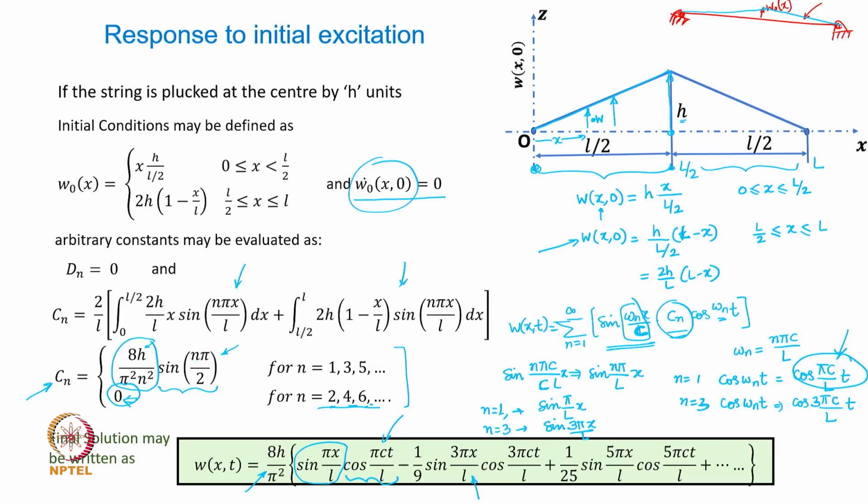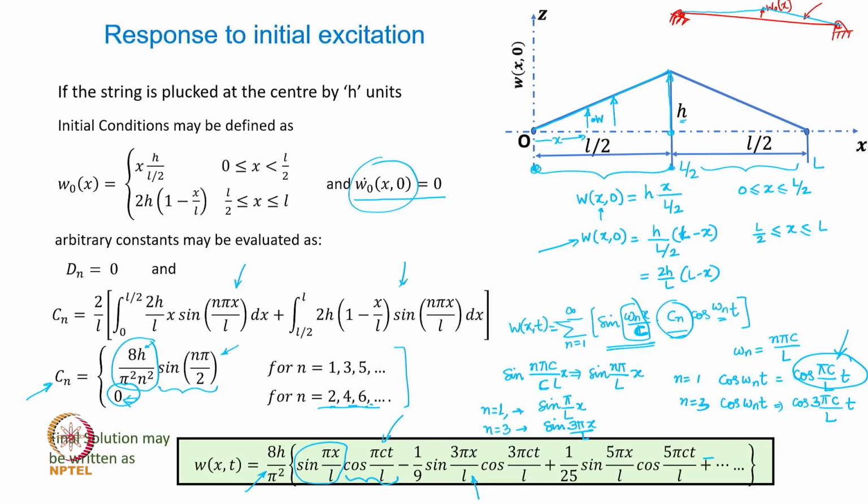If n is equal to 1, sine n pi by 2 is going to be plus 1, and for n equal to 3 it is going to be minus 1, for n equal to 5 it is going to be plus, and so on. So this is all going to alternate in their signs.